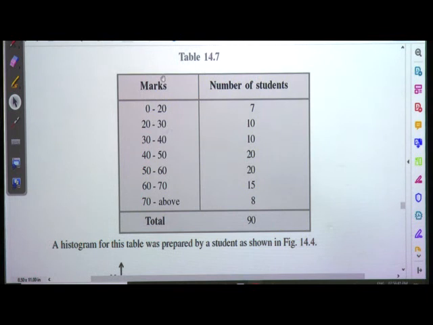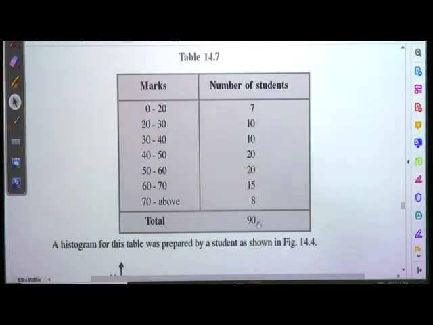Here you can see the marks: 0 to less than 20, number of students 7; 20 to less than 30, number of students 10; 30 to less than 40, 10 of them; 40 to less than 50, 20 of them; 50 to less than 60, 20 of them; 60 to less than 70, 15 of them; 70 and above, 8 of them.